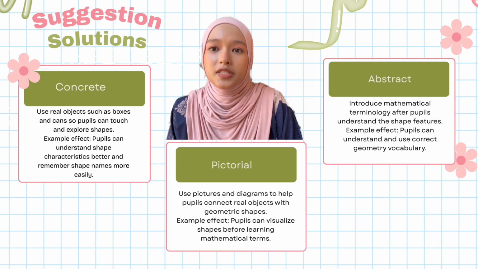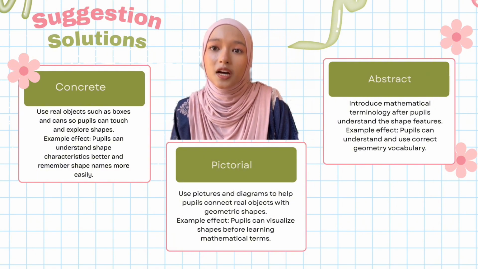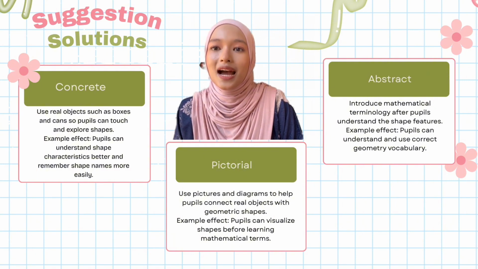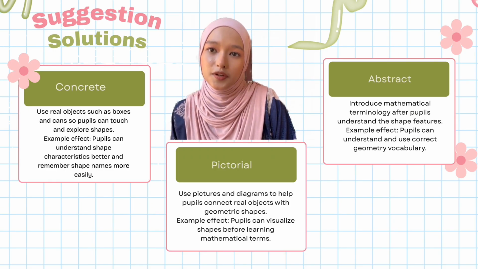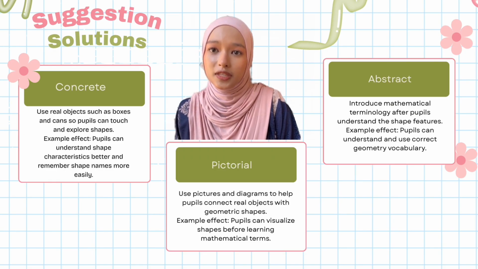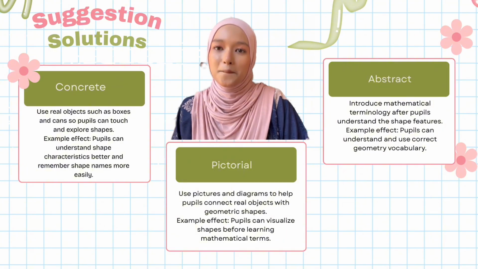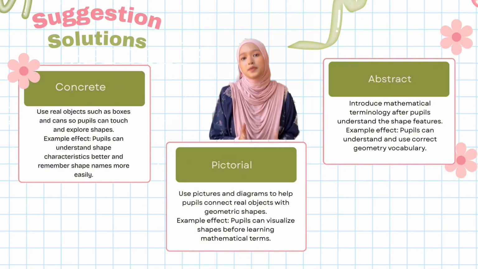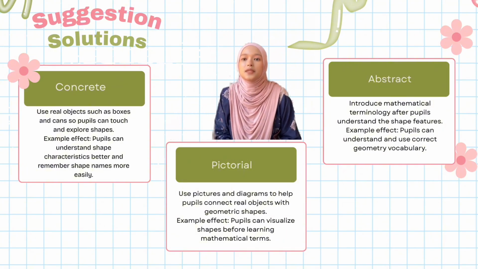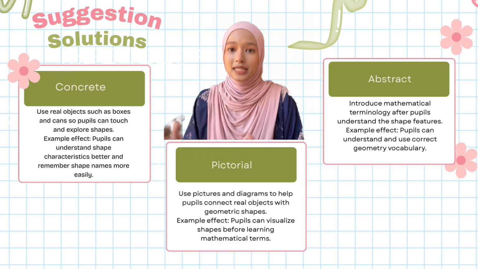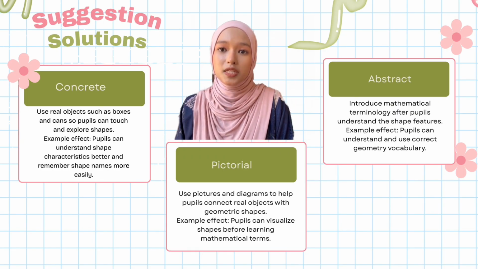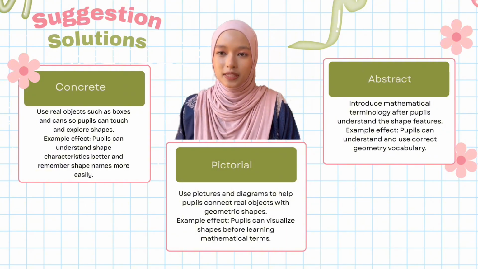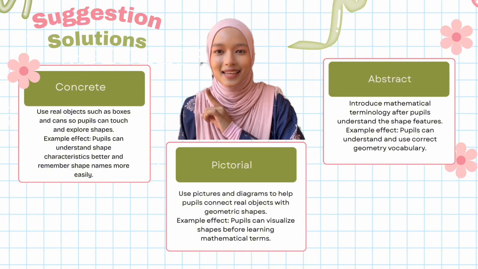In the abstract stage, teachers introduce the correct mathematical terms after people understand the shape characteristics. This approach helps people understand geometry concepts first before memorizing the shape names. In conclusion, the CPA approach can help improve people's understanding and reduce misconceptions in geometry learning.